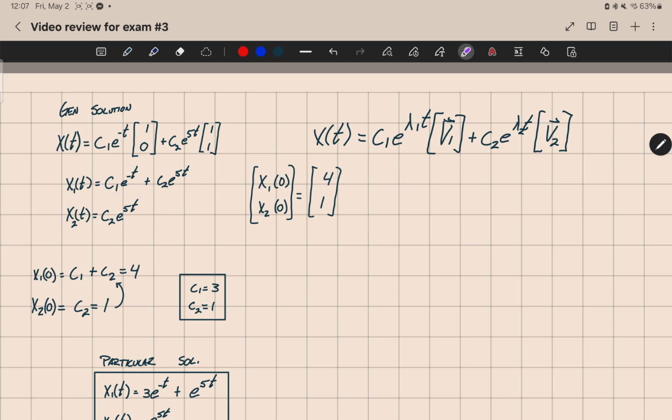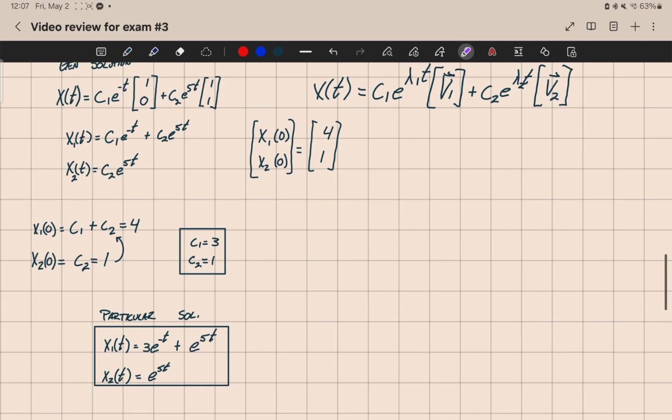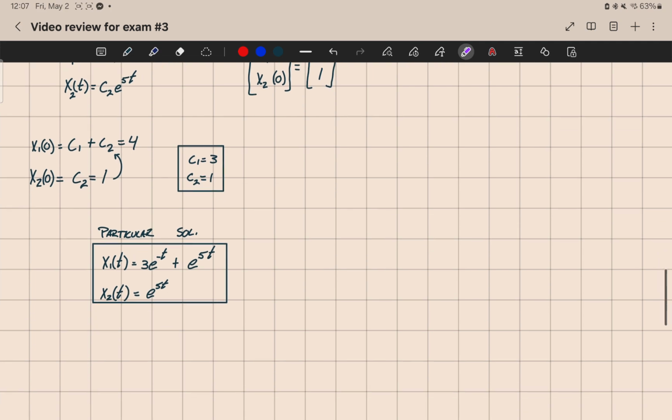And now the initial values were pretty easy on us. We're going to plug 0 in for t, so that's going to get rid of our e in both equations, and then we're just working with the undetermined coefficients and a simple system of equations to solve here.